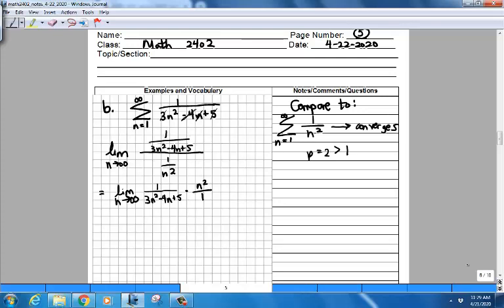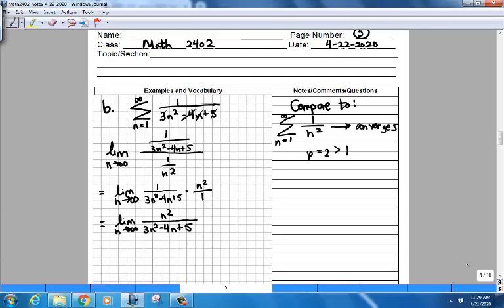So that's the limit as n goes to infinity of n squared over 3n squared minus 4n plus 5.